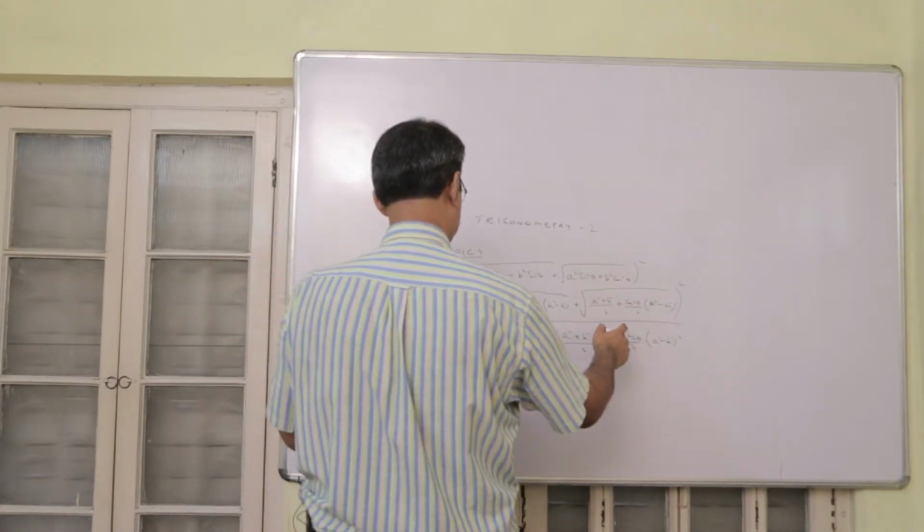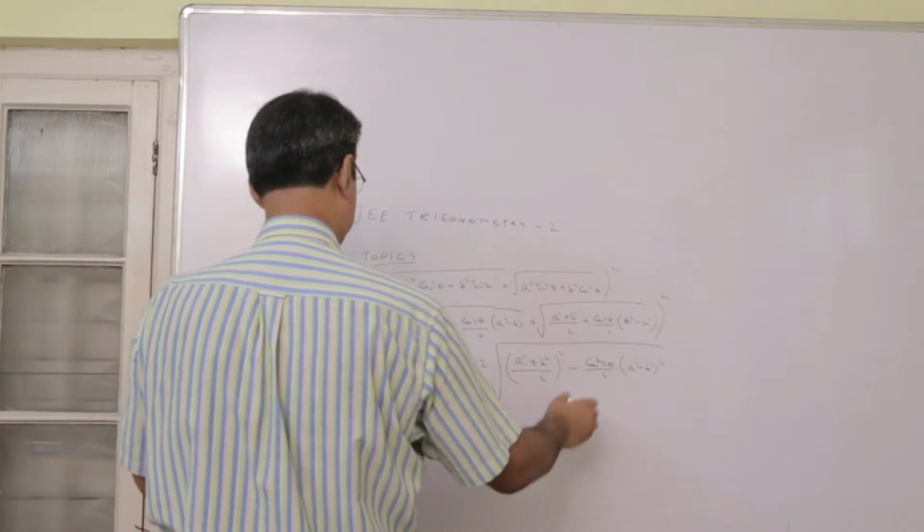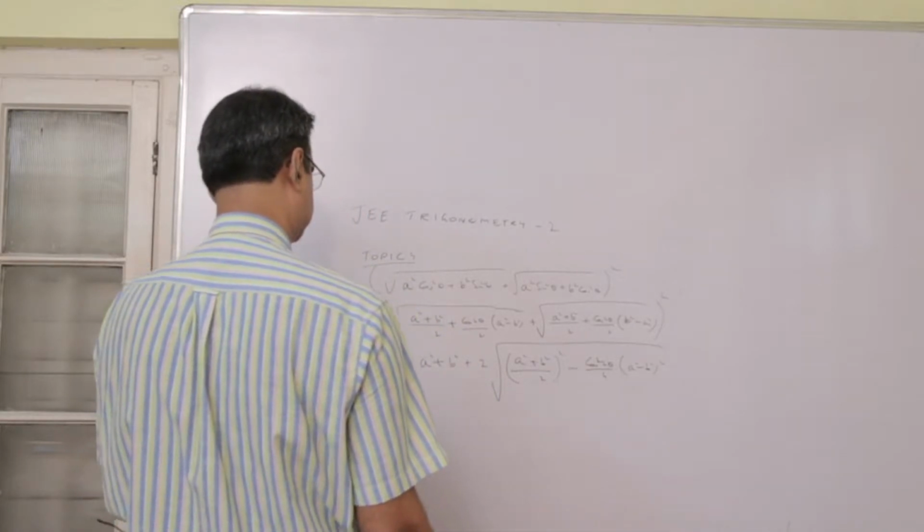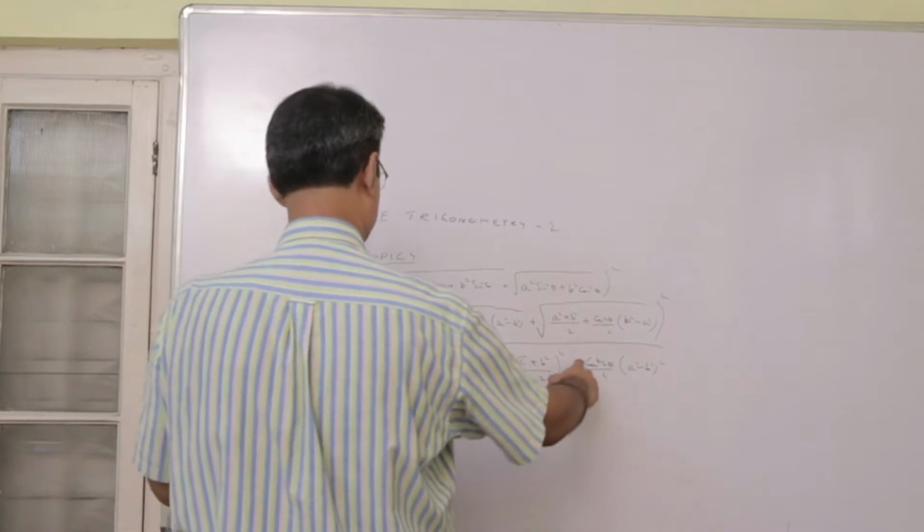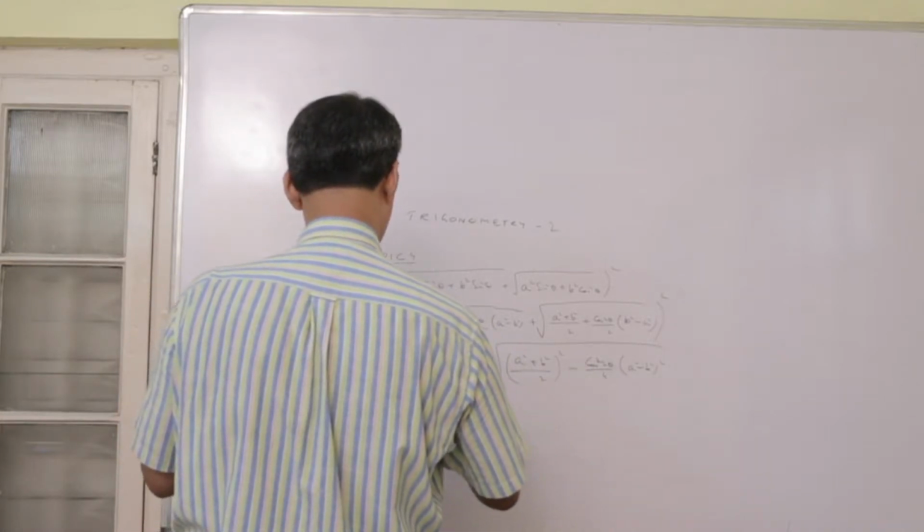Now here the maximum value of cos square 2 theta is plus 1.